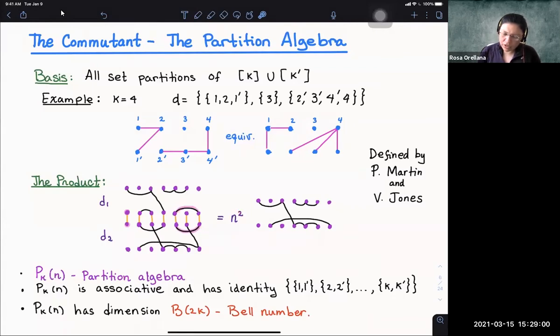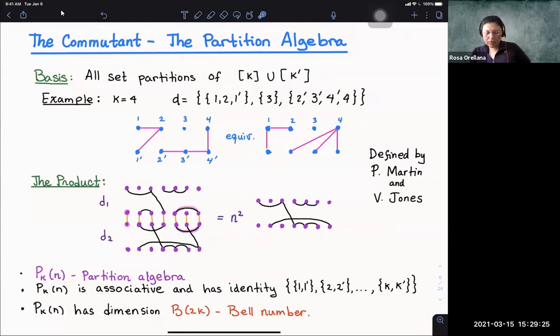Then you ignore everything that happens in the middle and just connect what connects. These 2 up here connect down to this right here, and you can draw it any way you want. These stay connected and these are connected, but do not connect to anything on the top. And it becomes this. That's how you define the product.